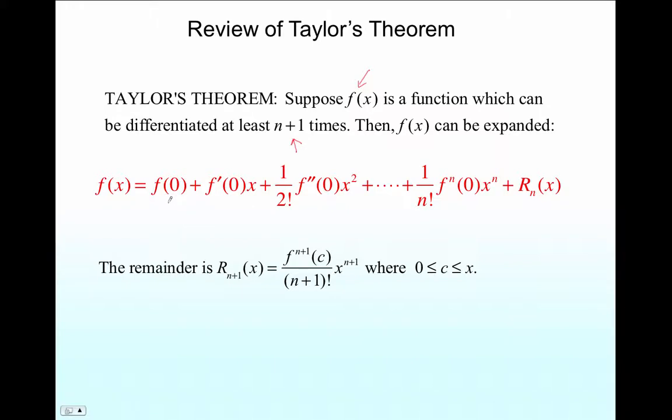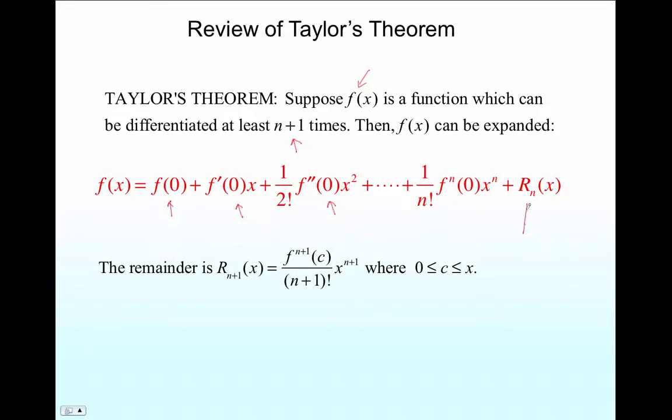So if x is exactly 0, well, you just need this first term. But if x is close to 0 but not 0, then you might be able to get by with just this term added on to the first. But if you want more accuracy, then you'll have to add on this term and so forth. The closer you are to 0, the more accurate you will be.